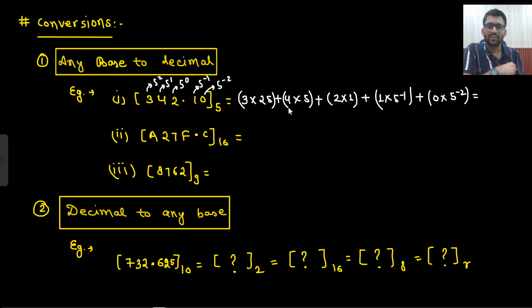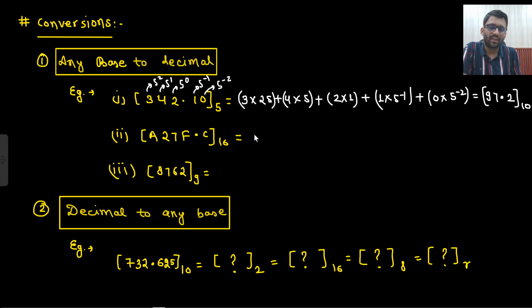So 75 plus 20 plus 2 is 97, plus 1 by 5, that would be 0.2. So 97.2 in decimal you are getting. Okay, 97.2.